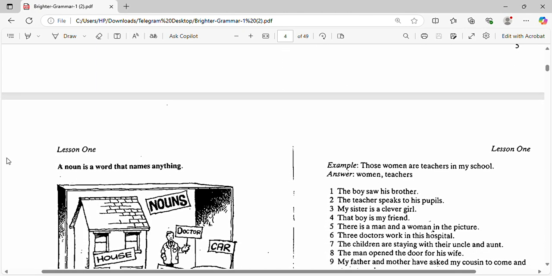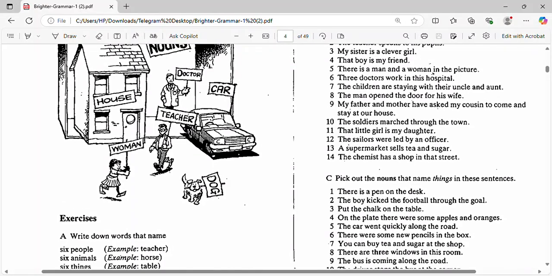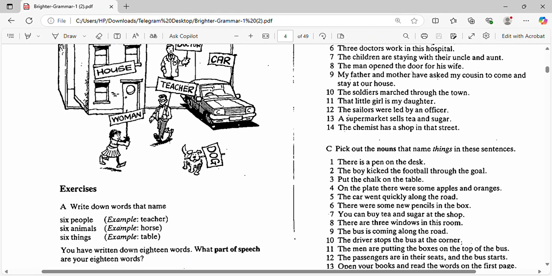Like it stated there, a noun is a word that names anything. It could be a person, an animal, a thing, a place, an idea, or an emotion. A noun is basically a naming word.